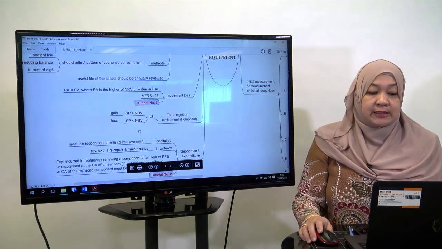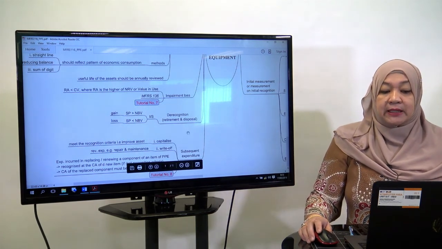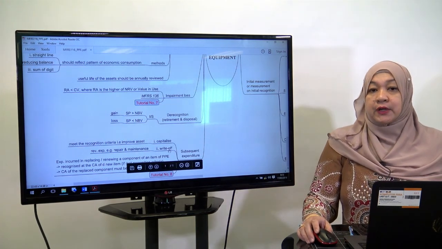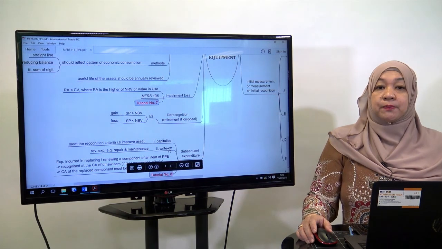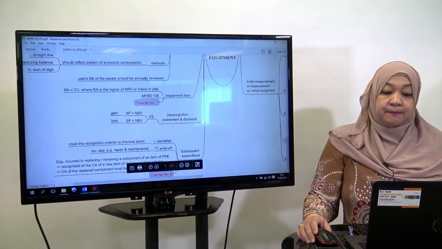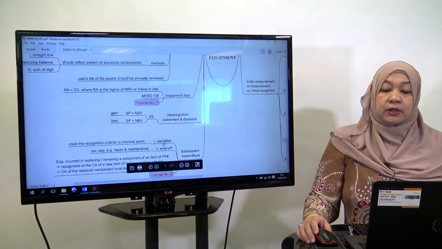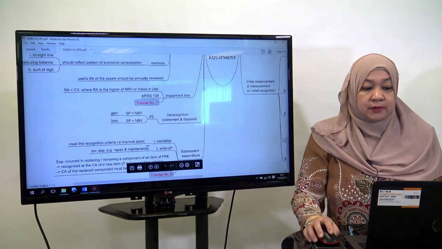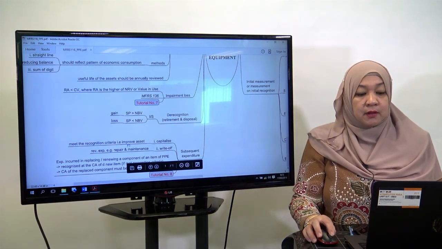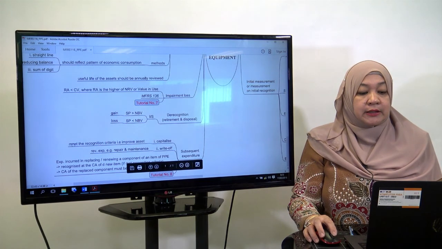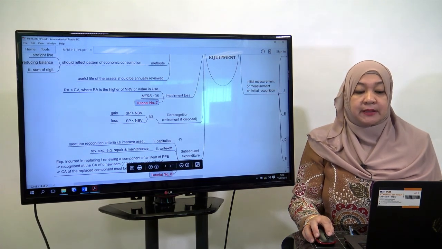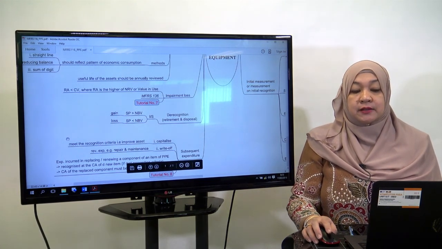So in this case, we have to capitalize the value of the sport rims to the motor vehicle account. Okay. Another term for this is known as capital expenditure.